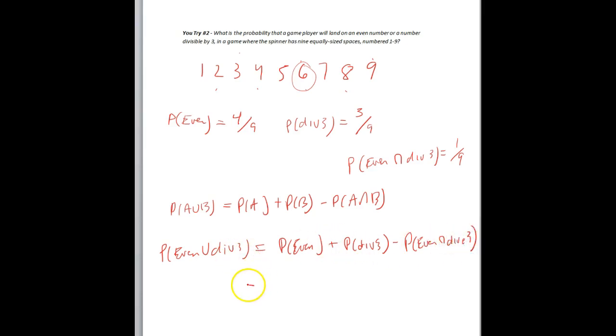And that's just going to be our 4 of 9 plus our 3 of 9 minus our 1 of 9, which gives us 6 divided by 9, or 0.6666666, all the way out there.